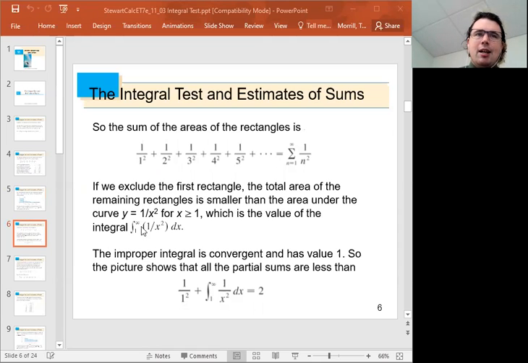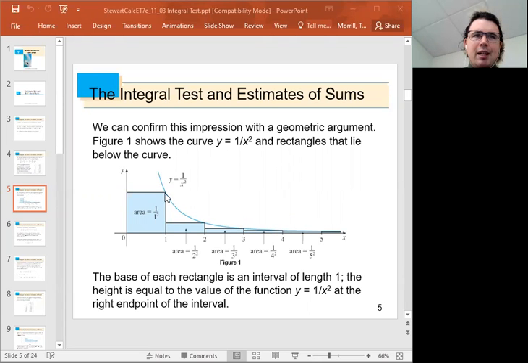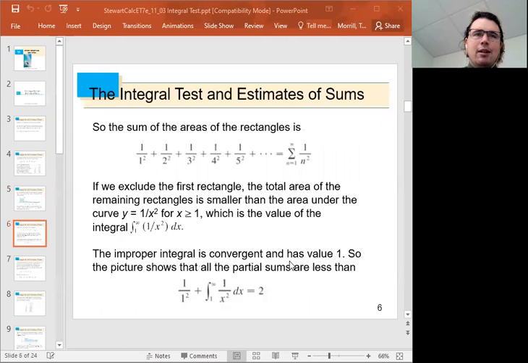I have this infinite discontinuity at x equals 0. I can't start my integral there. But I could start at 1 and try integrating out to infinity. So I would be ignoring this box right here. So whatever I get for this integral, I would just have to add 1 to it.